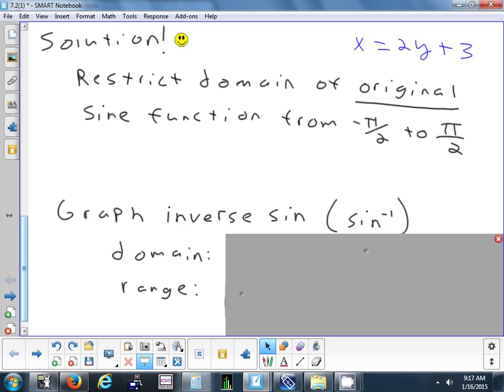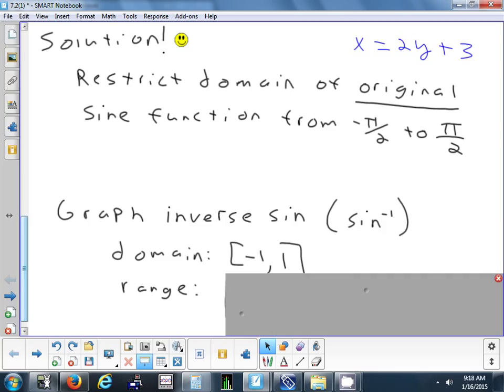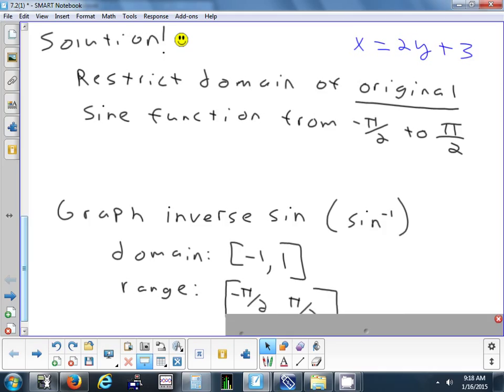Now, what about the range of sine? Originally, how high and low did sine go? Think of its highest point and lowest point. What's the range of the original? Negative 1 to 1. Well, the range of the original becomes our domain of the inverse. Okay?